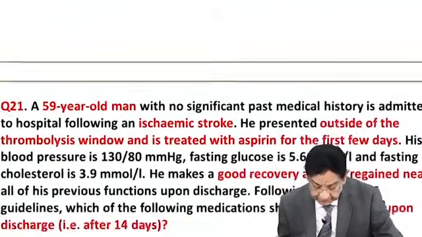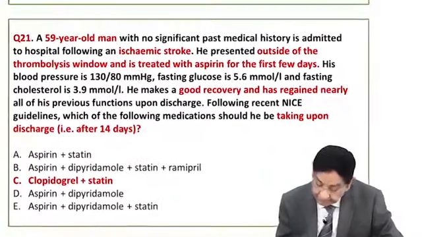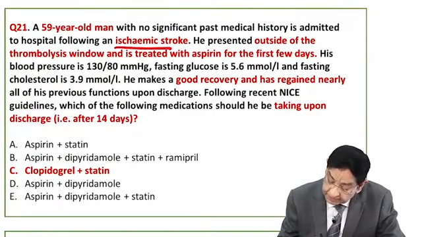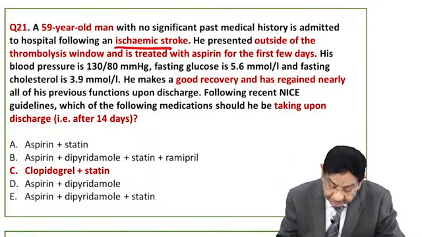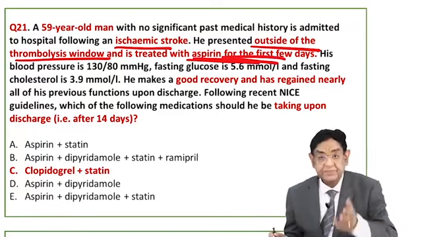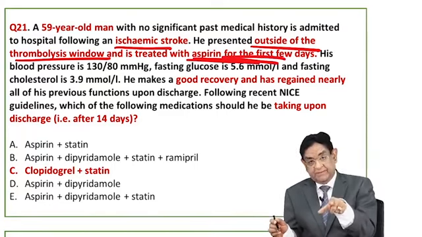Okay. Question 21. Ischemic stroke patient, and he has come outside the thrombolysis window. Started with aspirin. Remember, the first drug is always aspirin.